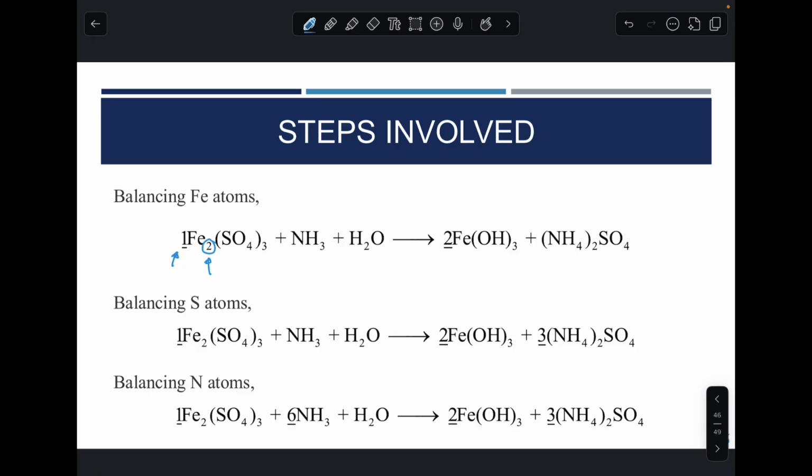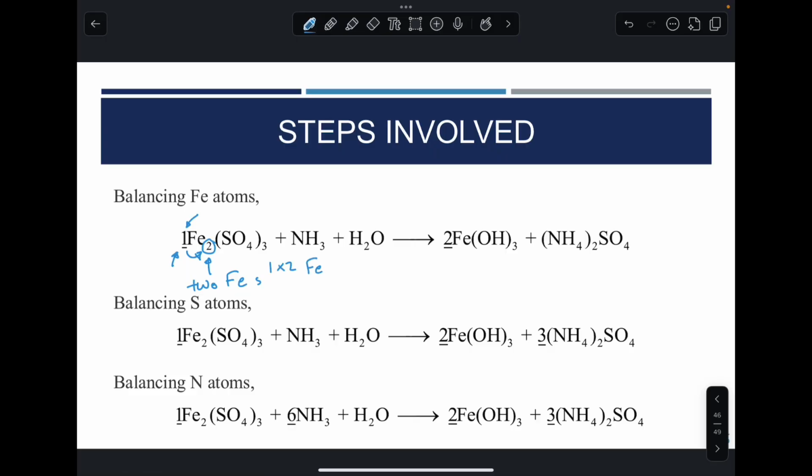So Fe2 means that there are two Fe's. The 1 over here is going to multiply the subscript number it is closest to by whatever that subscript is. So 1 Fe2 is going to say 1 times 2 Fe's.